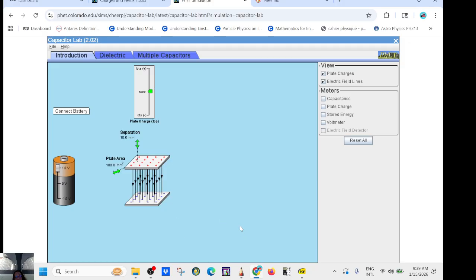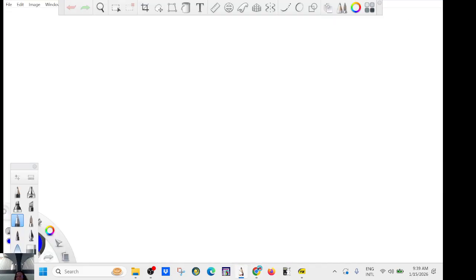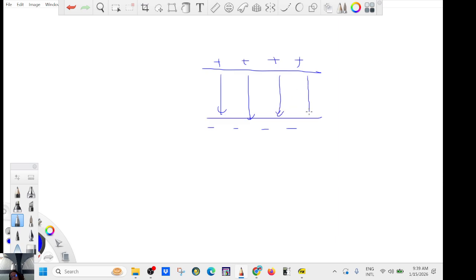But that's the idea. So you take this configuration here. So you have one electrode which is plus here. And you have an electrode that is minus. Okay, you go from plus to minus. That will be the electric field. It's uniform. It's everywhere the same.